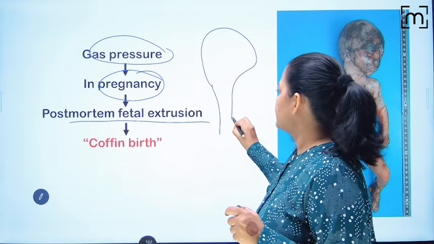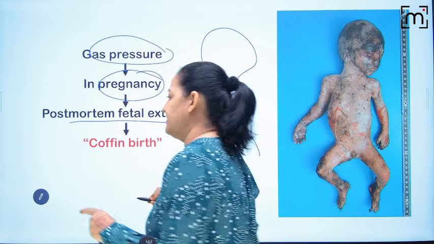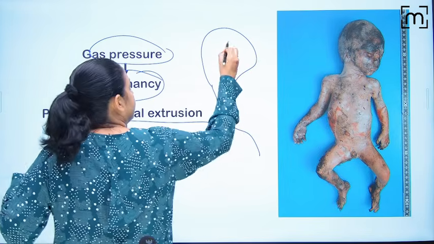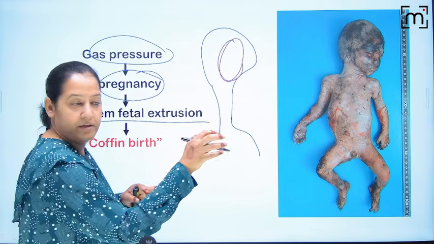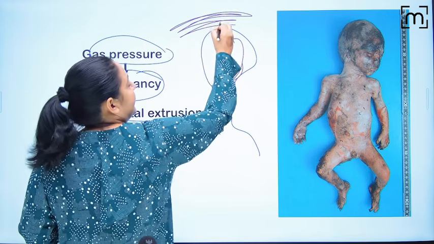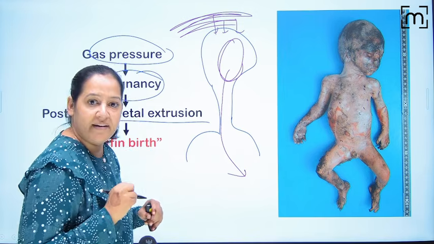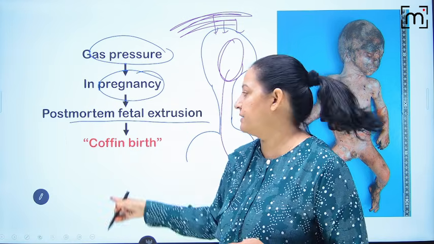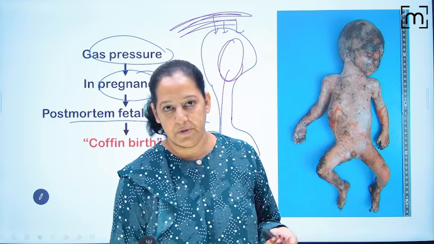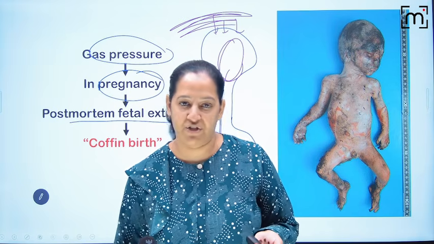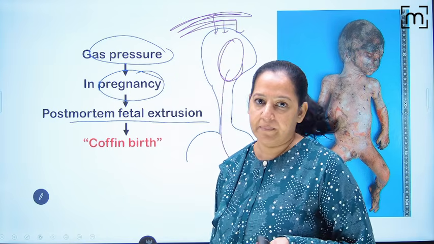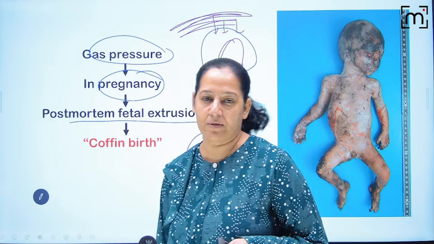Imagine this is the uterus and this is the fetus, and this lady is dead. Because of the gases, the uterus is compressed and fetal expulsion can occur. This is known as coffin birth. Obviously the fetus is also dead because the mother is dead and placental circulation has stopped, but this birth is known as coffin birth. Everyone got it?